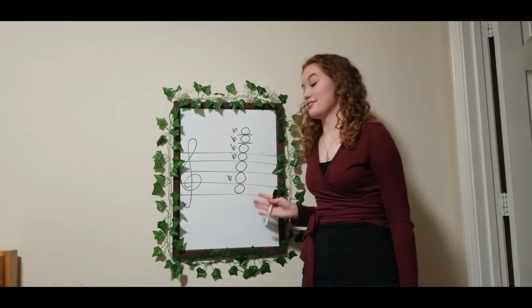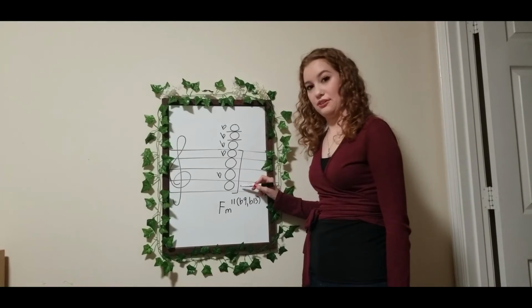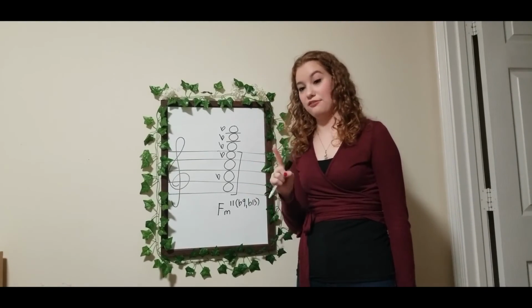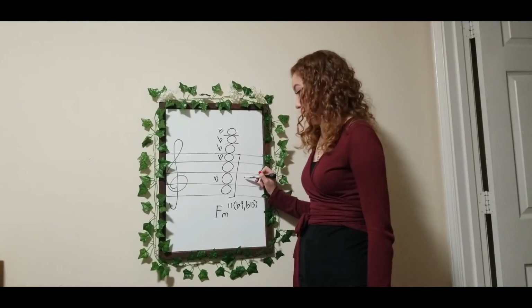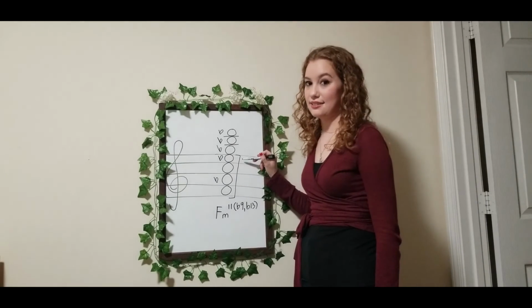To test your skills, see if you can name this chord. The first thing that we need to do when we name this chord is find out what the root is. Here, it's F, so we're thinking in the key of F, which has 1 flat, the B flat. Here, we see a minor 7th chord, because the A and the E are both flat.